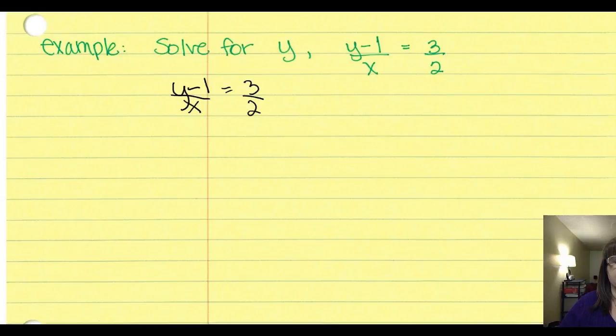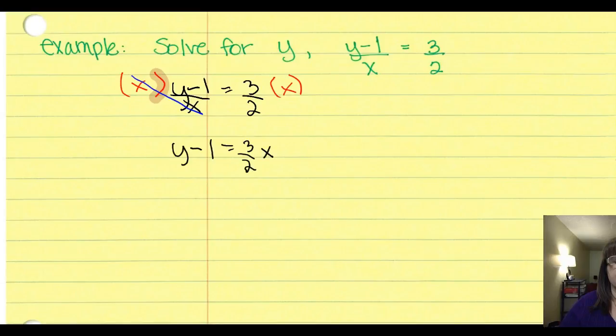If I multiply each side by x, then the x's will cancel out on the left-hand side and will be placed on the right-hand side. Perfect. Now I'm left with y minus 1 equals 3/2 x.